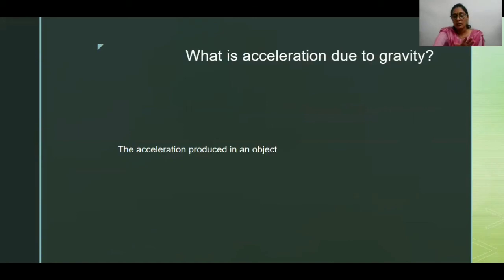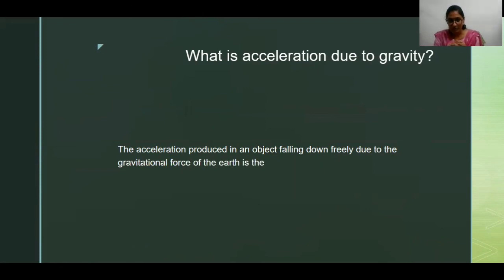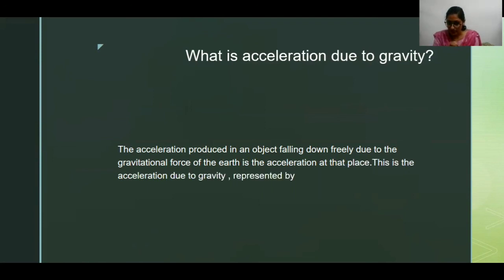Now we are going to study what is acceleration due to gravity. The acceleration produced in an object falling down freely due to the gravitational force of Earth is the acceleration due to gravity. We all know that Earth attracts a body to its center. The attractive force is due to the gravitational force of the Earth.